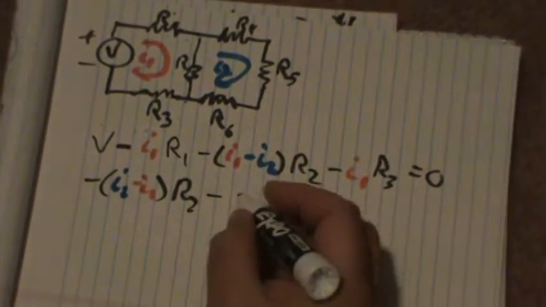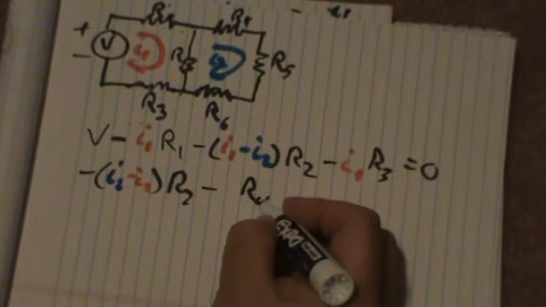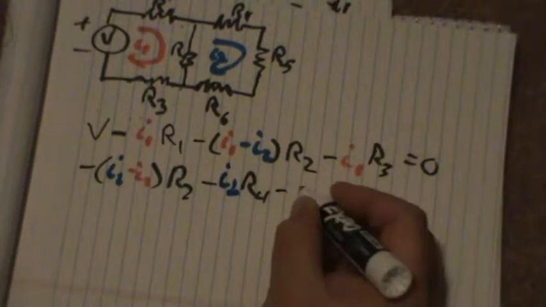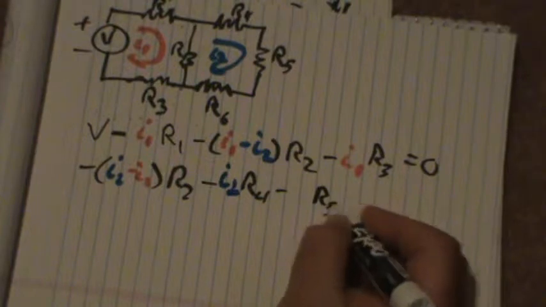And then on this next one, I just have I2, and I'm going to get R4 times I2. That's the voltage drop through the next one, and I'll have minus, with R5.